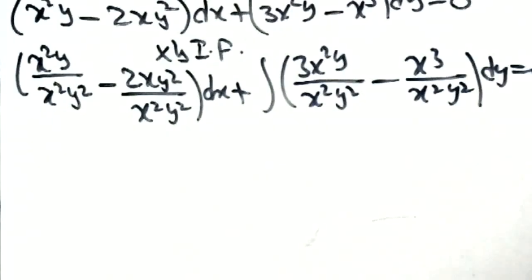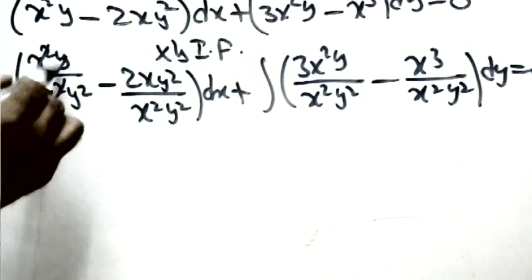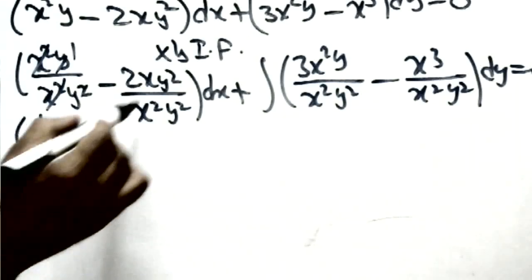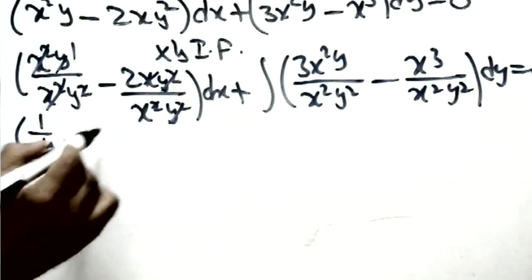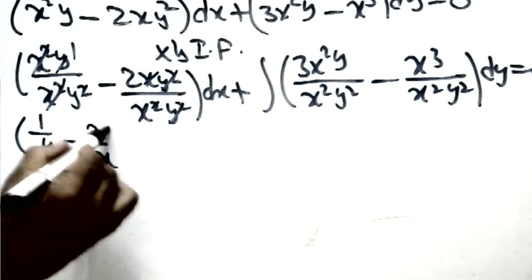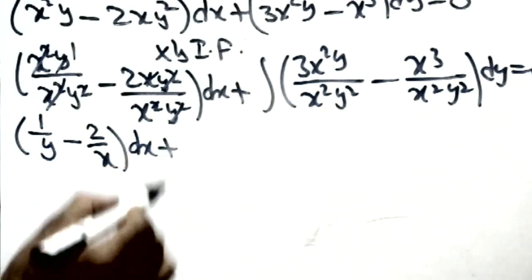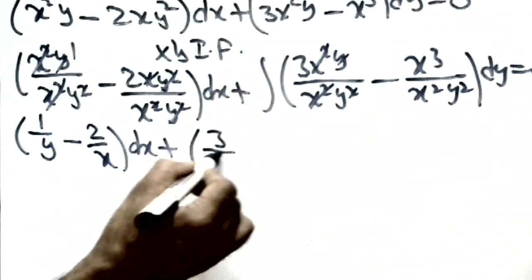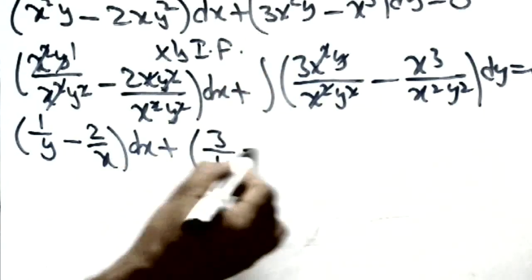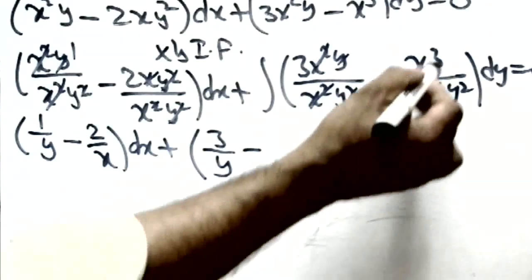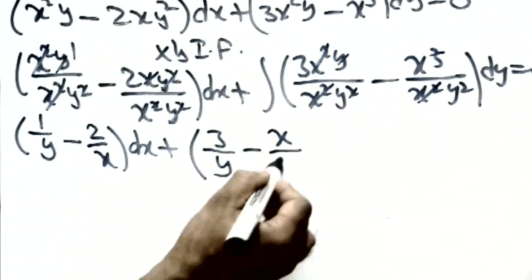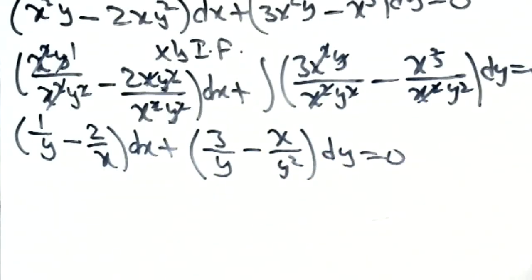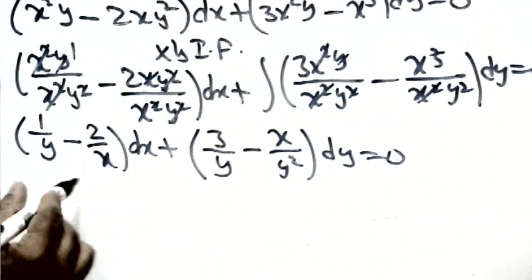Now you cancel the terms. See here, x square cancel, y 1 is left, 1 by y minus, y square cancel, x square cancel, 2 by x dx plus, cancel this one, left with 3 by y minus, if you cancel this one, you left with x by y square, and dy equals to 0.